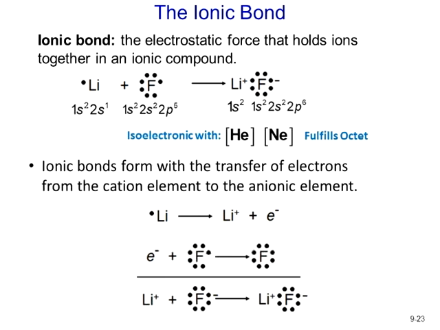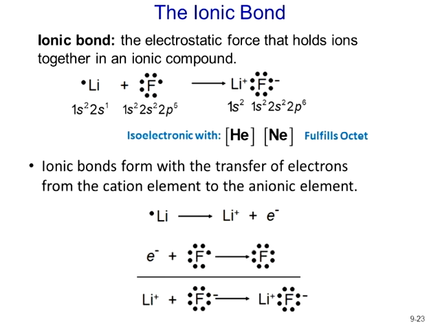We note that the negative part of the salt, the fluoride ion, is isoelectronic with neon, which fulfills its octet. Both of these fulfill the octet in being isoelectronic with atoms in the noble gas column, group 18.